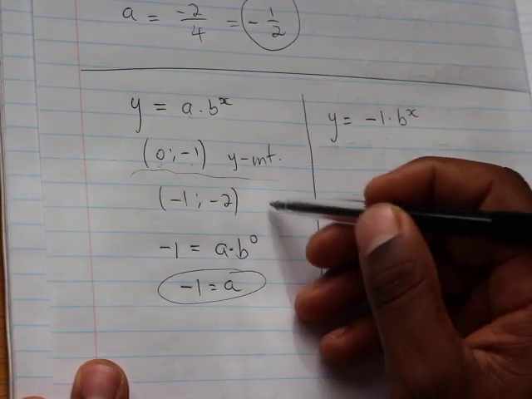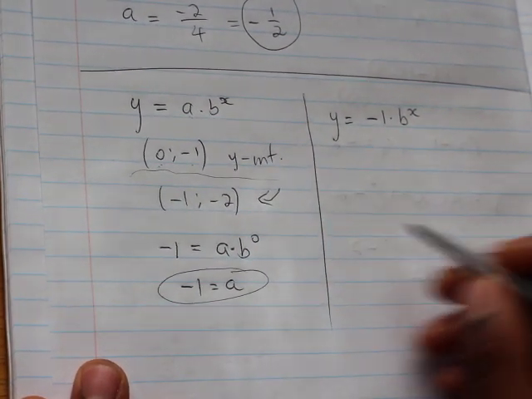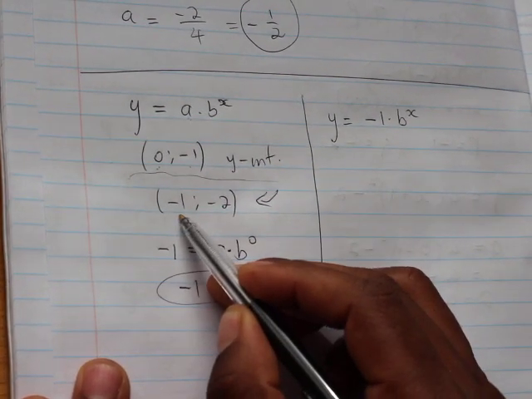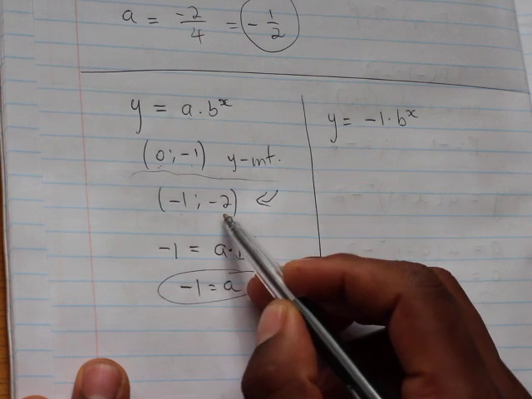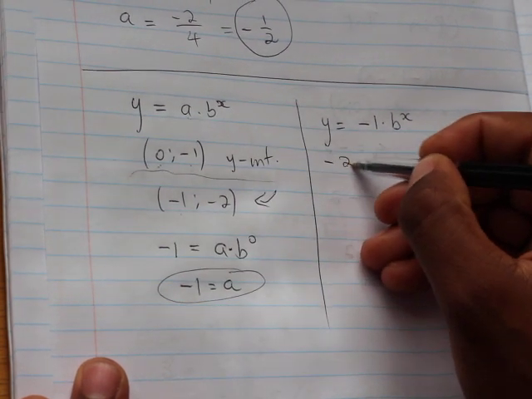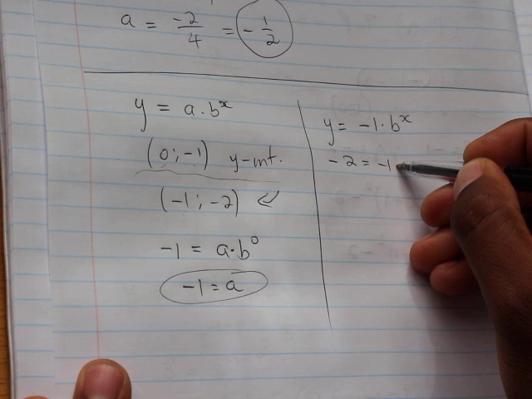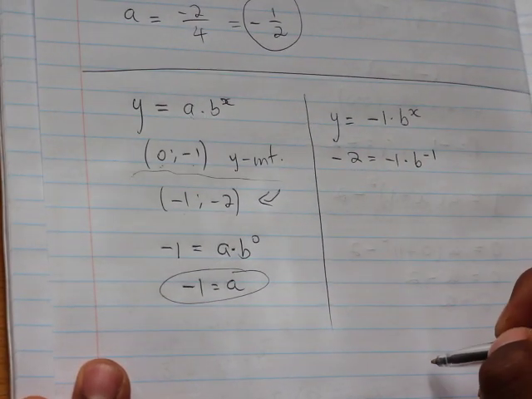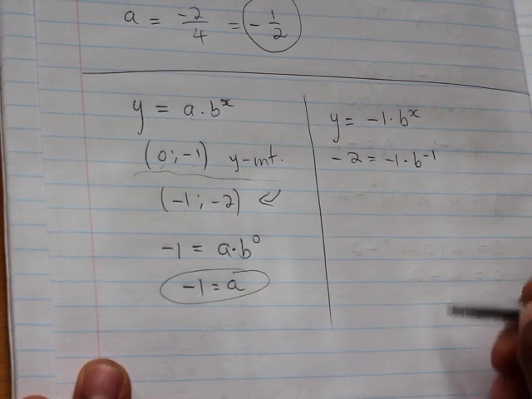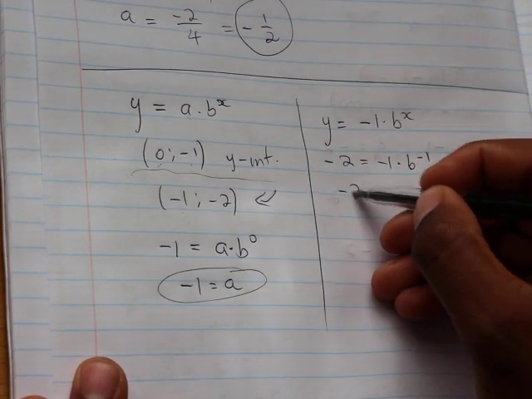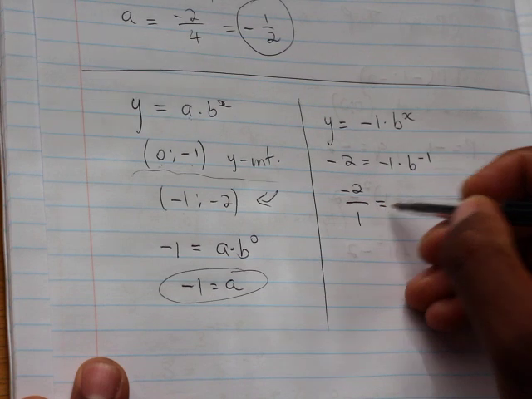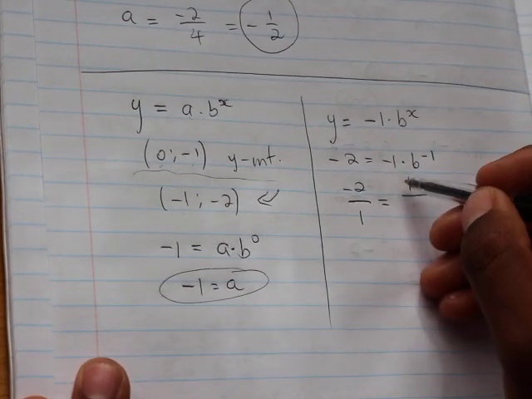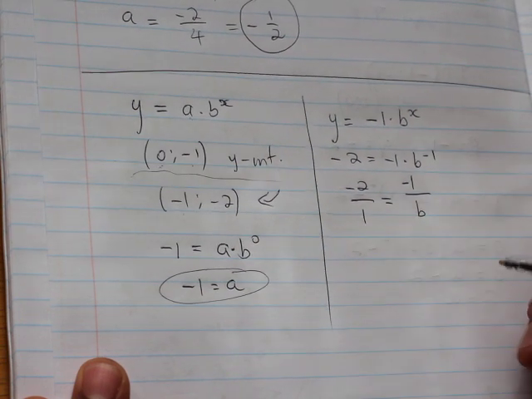So we use the other coordinate to find the b. This tells us that in place of the x, substitute -1, and in place of the y, substitute -2. So -2 is equal to -1 times b to the exponent -1. Now this is the same as -2 over 1 equals -1 over b.